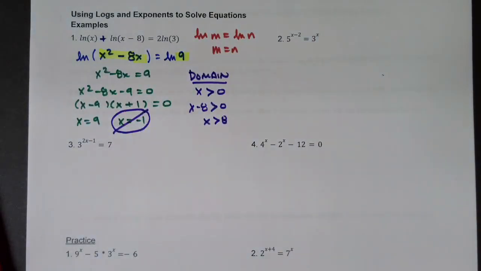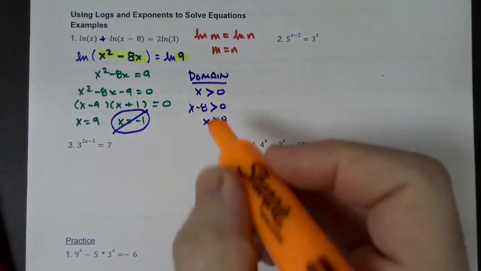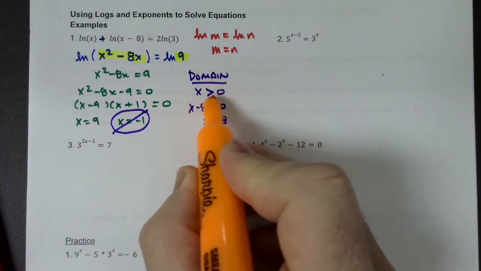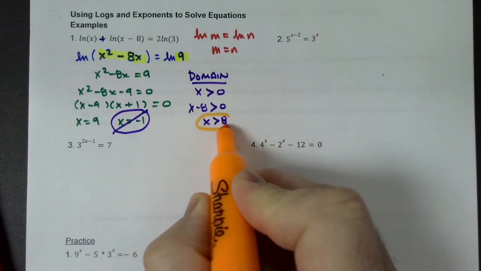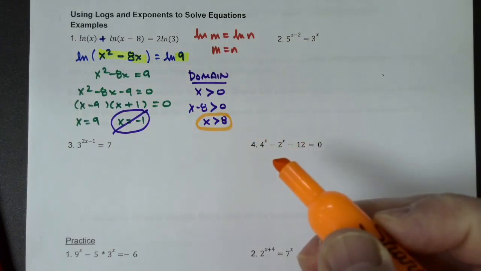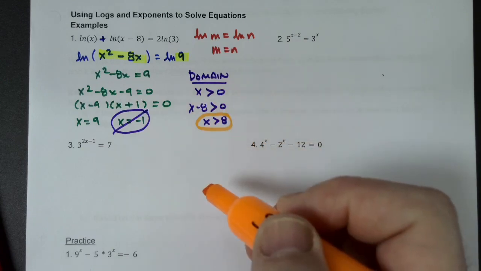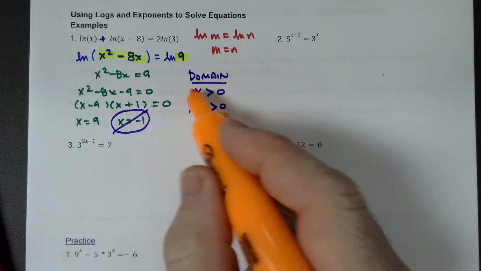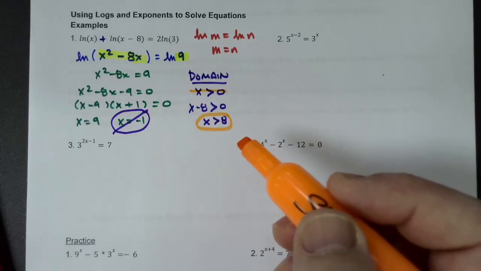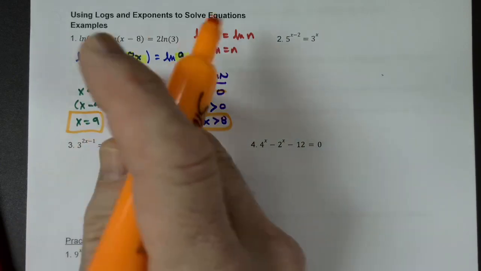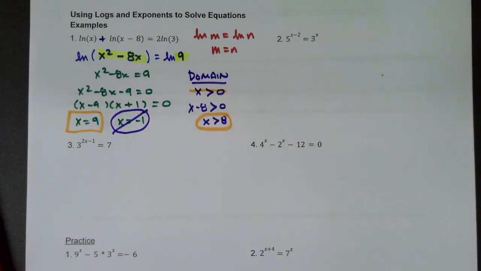When we deal with these, remember what we did with our domain issues in the past, and that is we choose the domain that is the most restrictive, and this one is the most restrictive because it excludes all those numbers from 0 to 8 that weren't excluded from this one. So our final answer is x equals 9, and if you want to substitute it in to check it out, I think you'll find that it does work out.